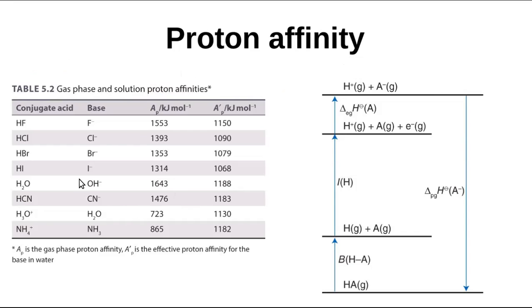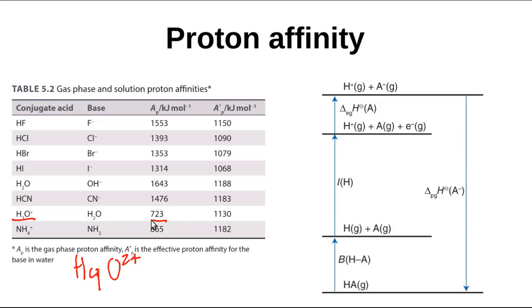H3O plus is a strong acid. It has a very low proton affinity. I mean, this compound, the H4O2 plus, has been looked for, but not found, I think. So there is no reason to assume that an H3O plus should have a proton affinity of 723.